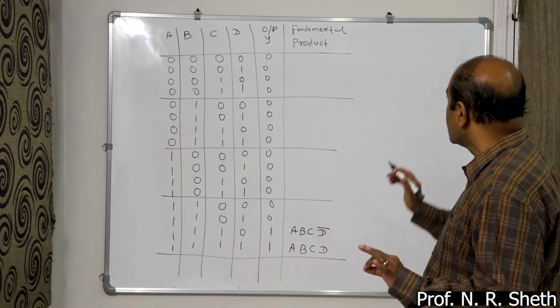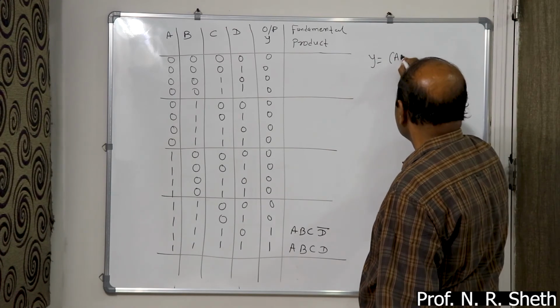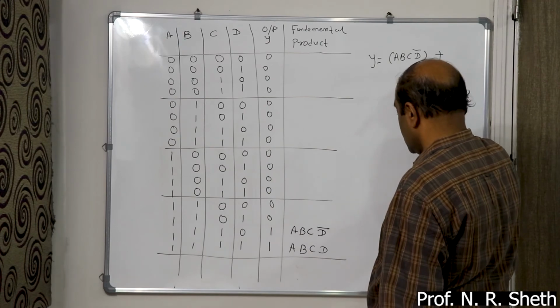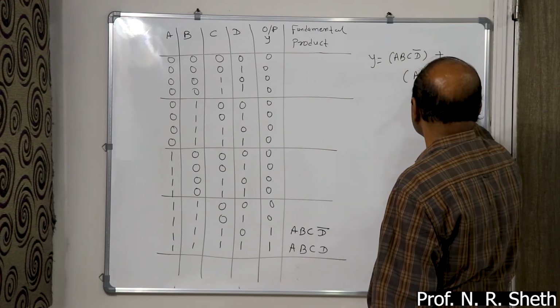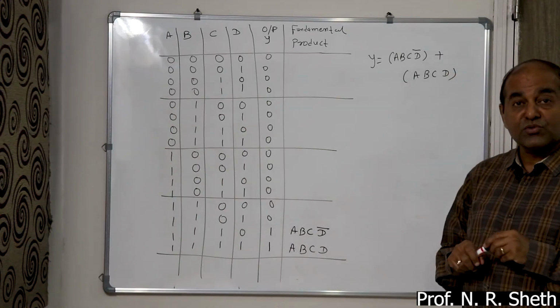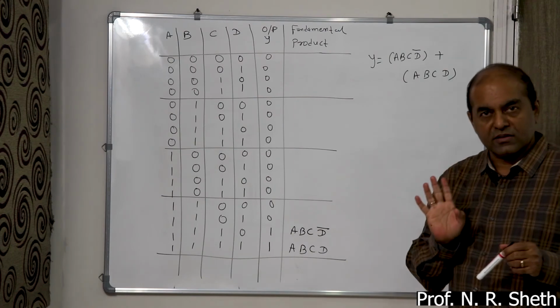Okay. So your y equals A, B, C, D bar plus A, B, C, D. So for this y, you have to draw AND OR circuit and then NAND circuit. Okay.